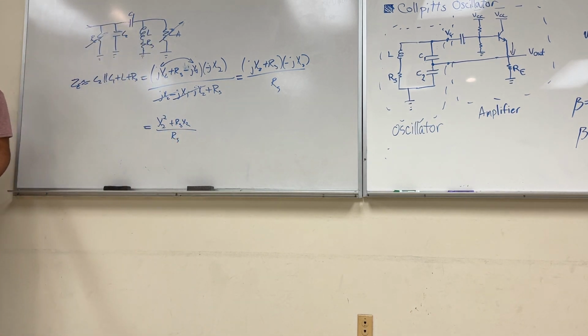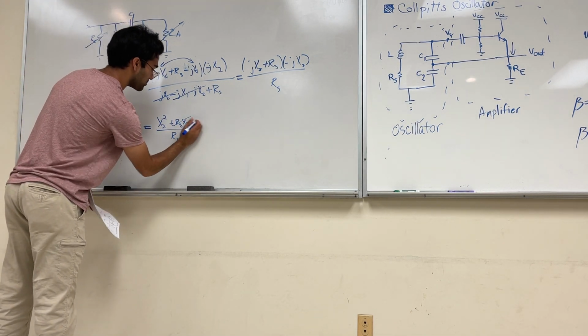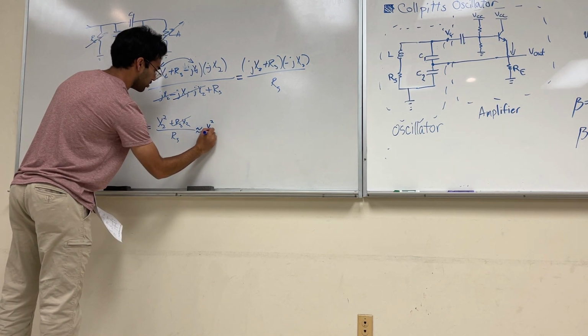Again, your series resistance is going to be small in comparison, so that term goes away. That's approximately X2 squared over RS.